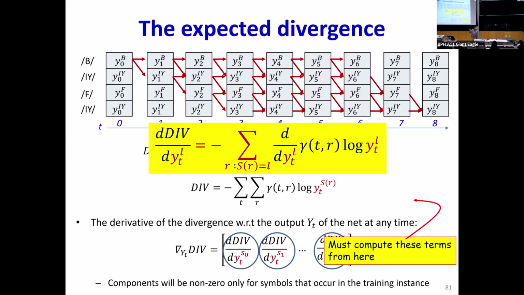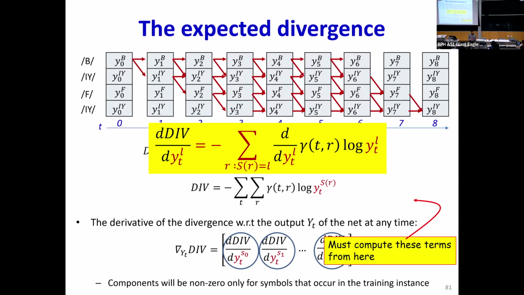So in my graph, for example, if I'm considering E, I'll be considering two nodes. And at each node, I'm going to be summing the derivative of the contribution of that node to the entire divergence. So that's going to be d over dy of gamma times log y, right?